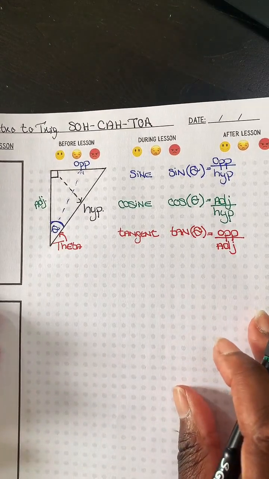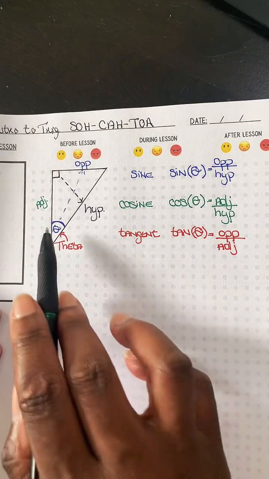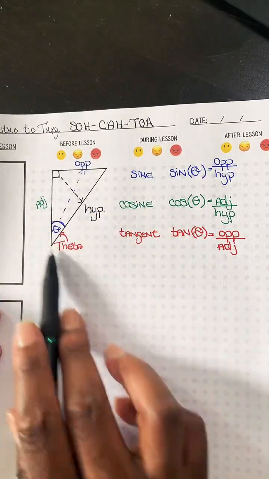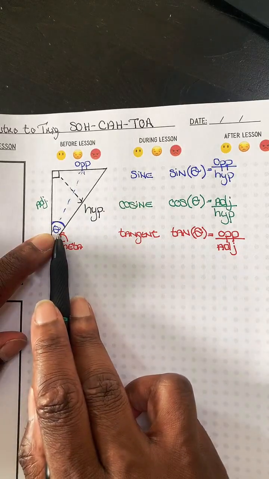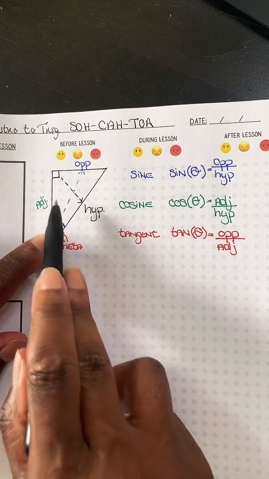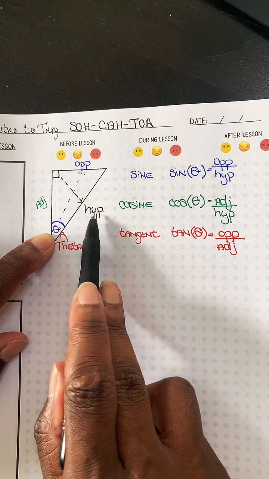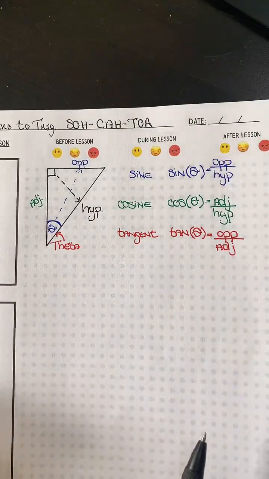So when we take a look at all of this, just based off of this triangle, my opposite is over here, my adjacent is over here, but my hypotenuse is over here. Okay.